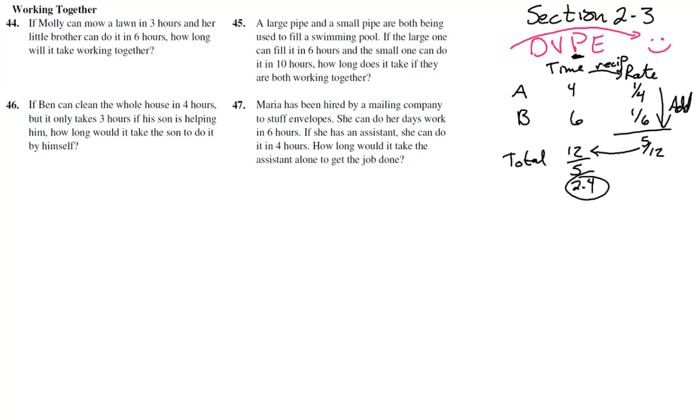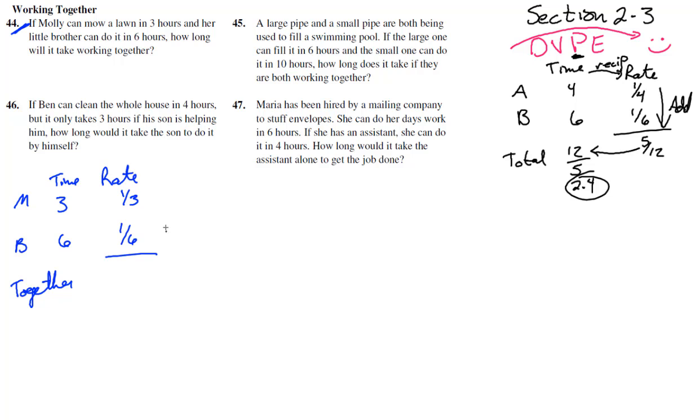So let's go through that with all of these and start with number 44. So Molly, her time is 3 hours, and the brother can do it in 6 hours. And together, let's walk through this process. Convert them into rates. So Molly can do 1/3 of the job every hour. Her brother can do 1/6 of the job every hour.